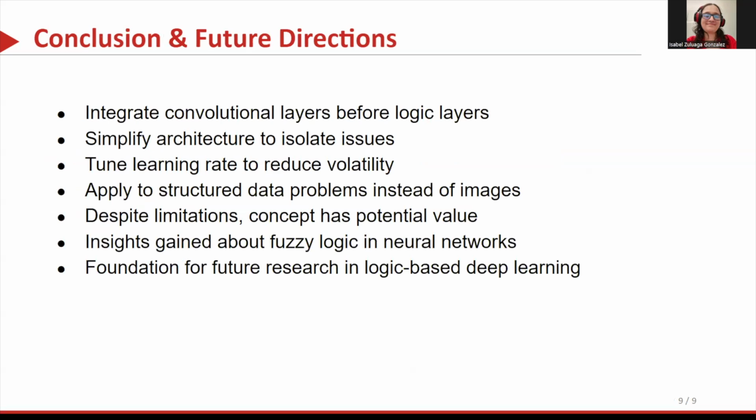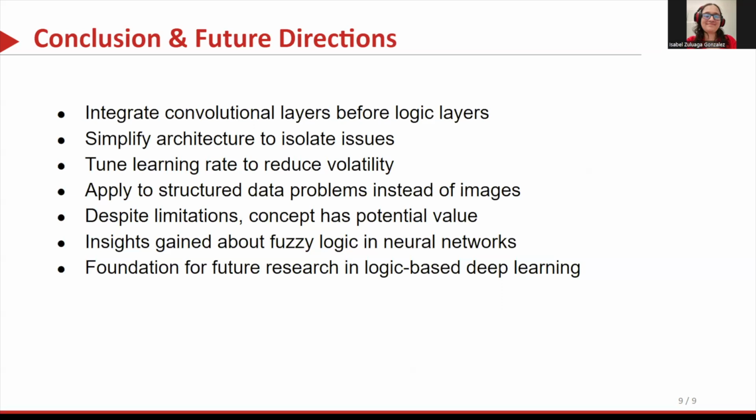For conclusion and future directions, I think several modifications could improve this approach for image classification. For example, integrating convolutional layers before the logic layer would be better to capture spatial information. This is similar to what Johnny did for his improvement. Also, simplifying the architecture could help isolate potential issues.